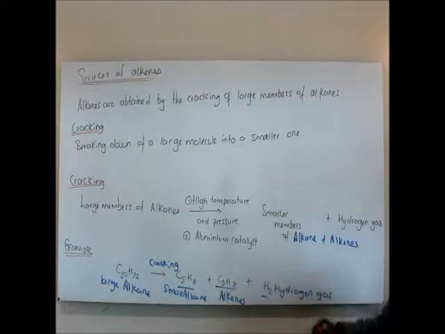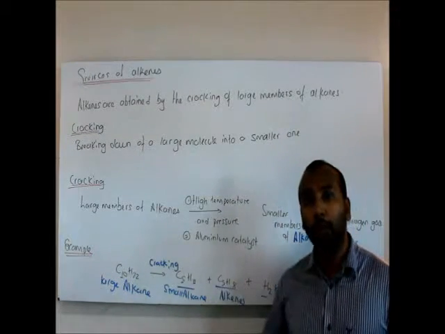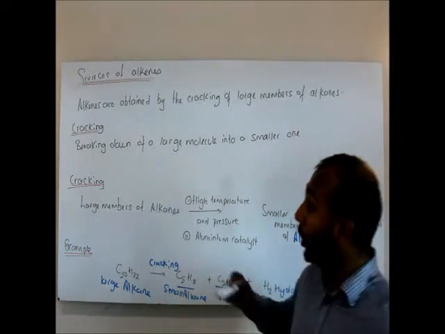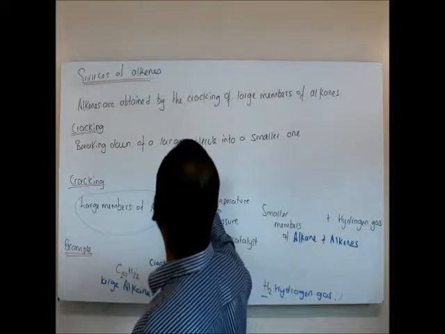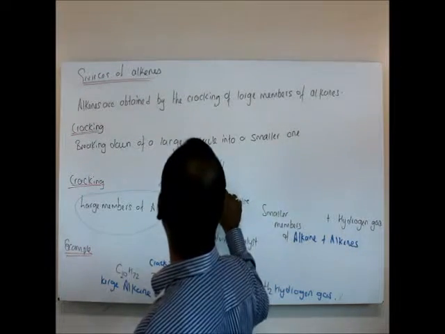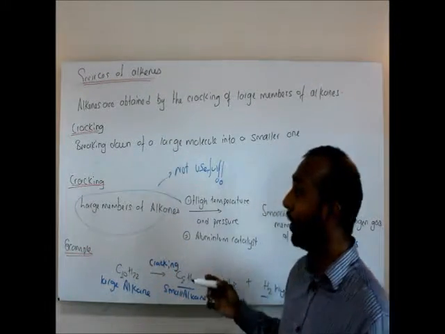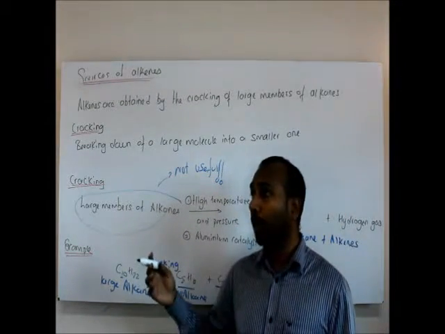The next important thing we need to know is the importance of doing cracking. Large members of alkanes are not useful to us. We cannot use them very much because they are too large, too massive, too heavy.